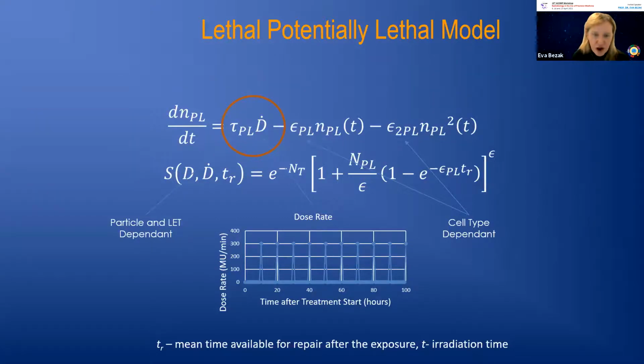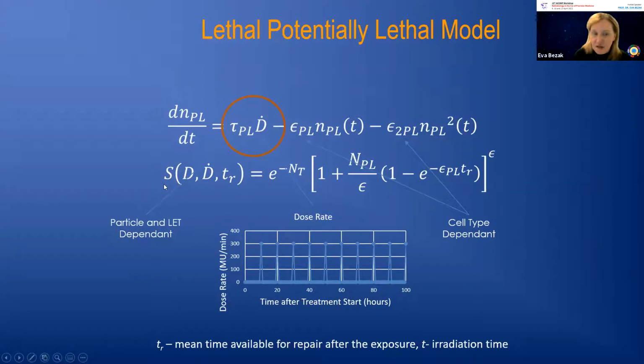I will show a graph to explain it, and you can read about it in the literature. But this model is looking at the number of potentially lethal damages to the DNA as a function of dose rate during the irradiation time.